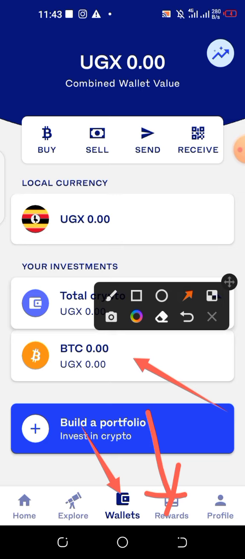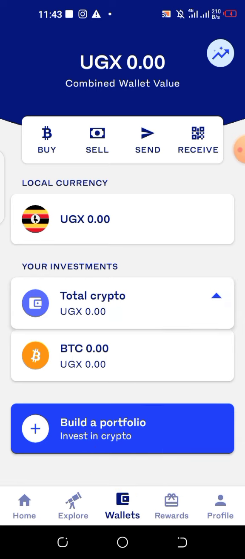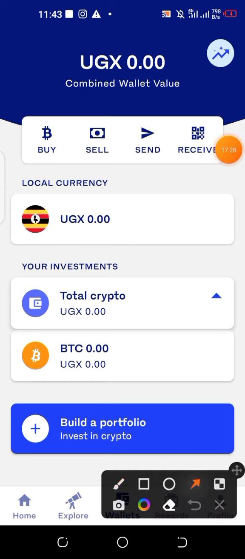For example, if you have used 100 USDT, which was worth something like 370 thousand UGX, you will see it here in the form of BTC. But since we have not yet made a transaction, you'll come to this part, your BTC. After seeing your BTC in the Luno wallet, it will take a few minutes, then you come to sell.